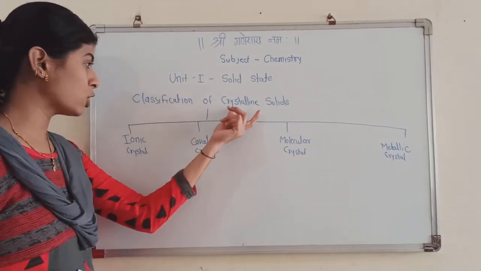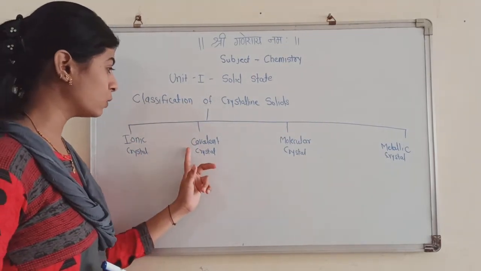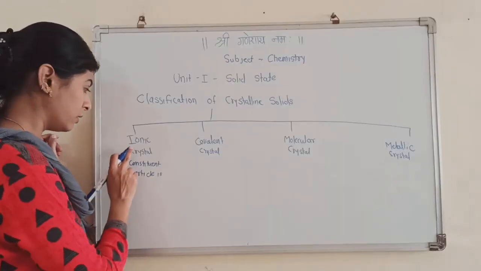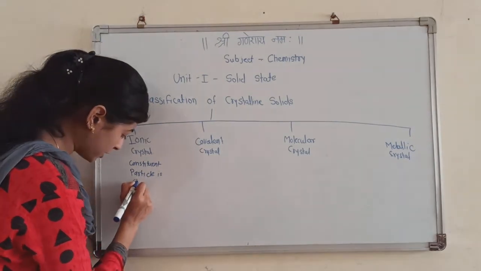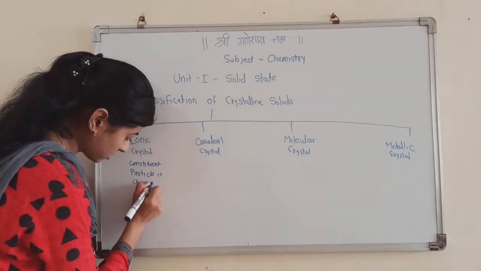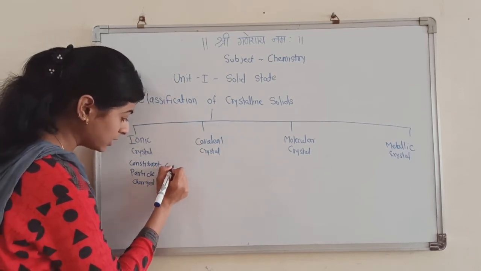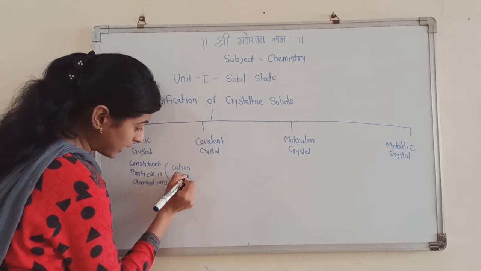Now our next point is classification of crystalline solids. Crystalline solids are classified into four types: ionic crystal, covalent crystal, molecular crystal, and metallic crystal. In an ionic crystal, the constituent particle is charged ions, either cation or anion.